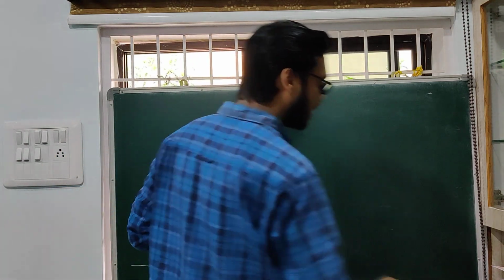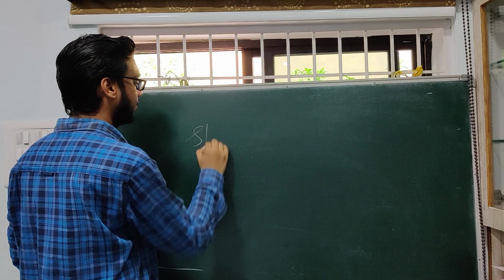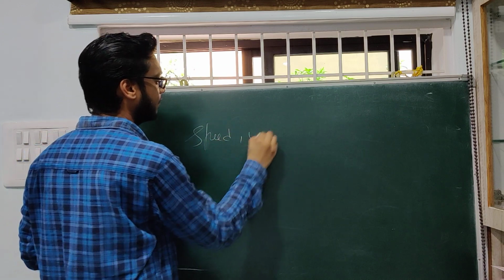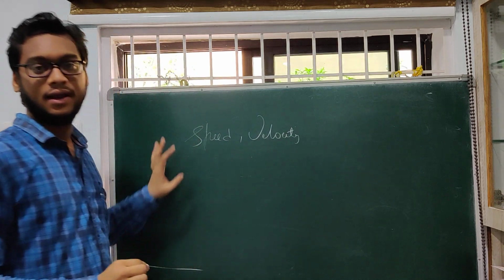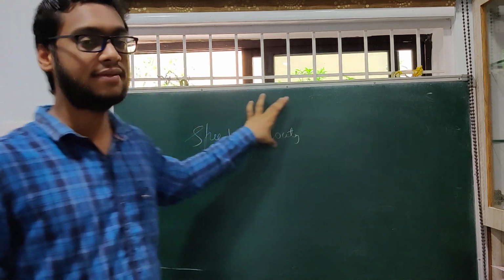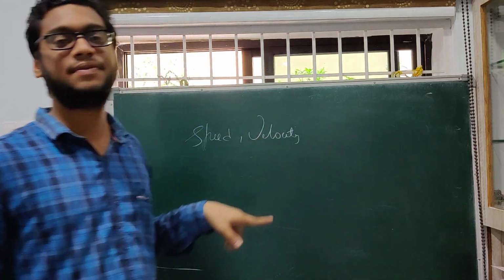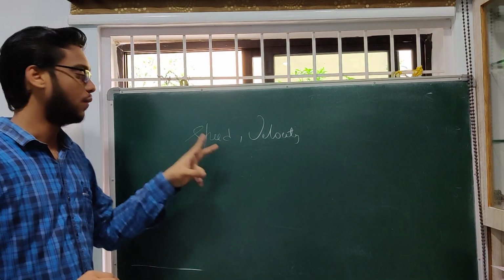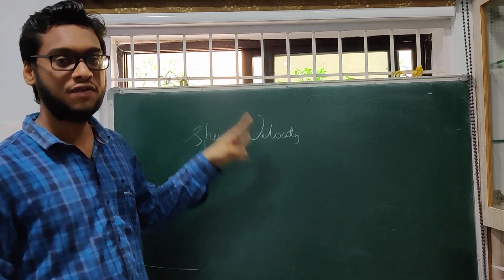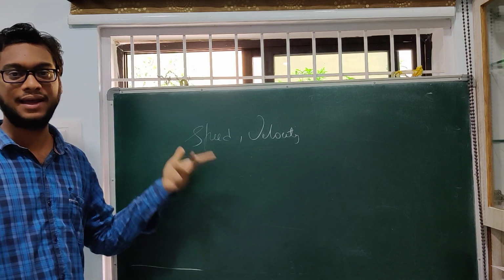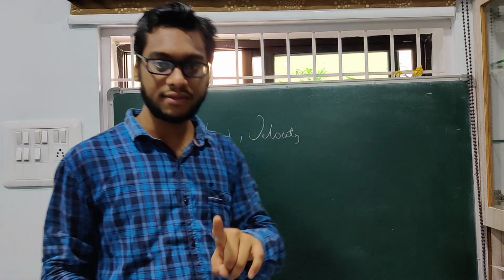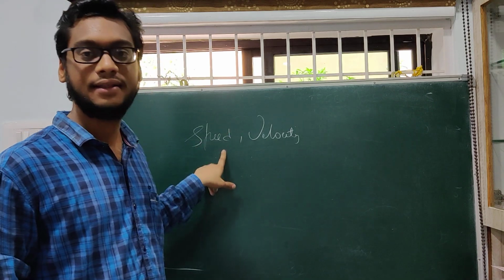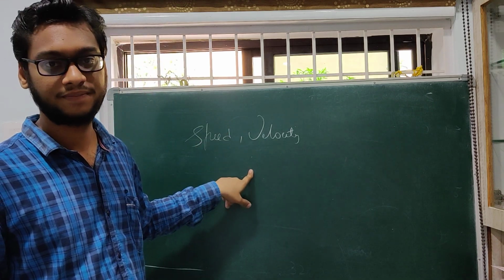So we have other terms like speed and velocity. Now remember, whenever you read such terms, acceleration, velocity, speed, uniform velocity, momentum, inertia, always make sure that you read the definition from your textbook.